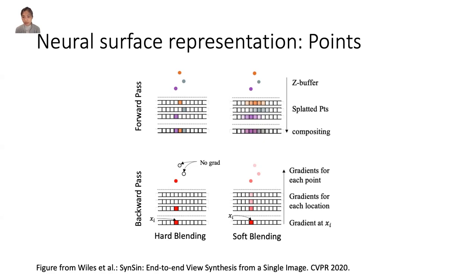Most implementations use a hardness parameter in the blending function to modulate the spatial extent of this blending. Typically, a softer blending is used at the beginning of an optimization to allow global gradient flow, and then a harder blending can be used to allow fine-grained changes.